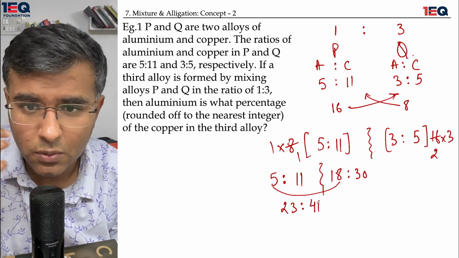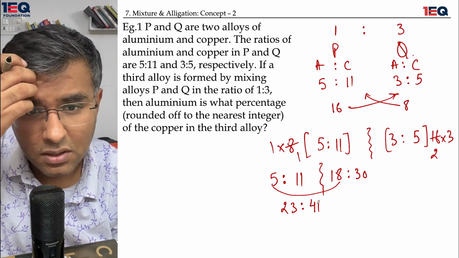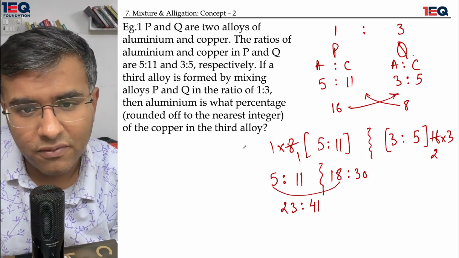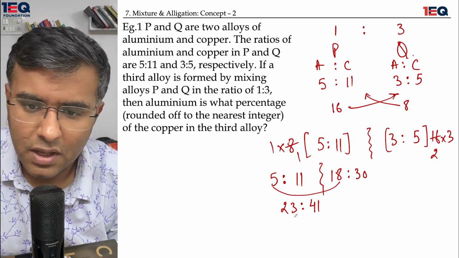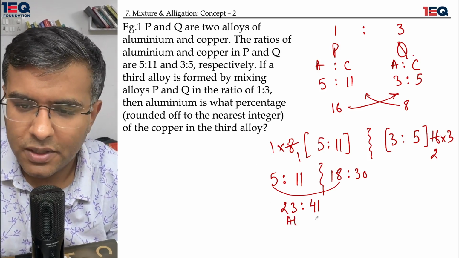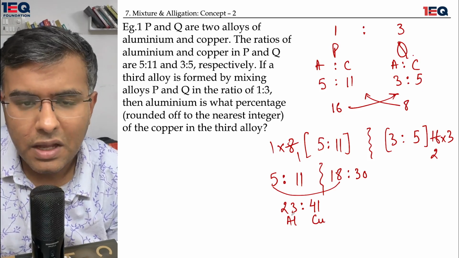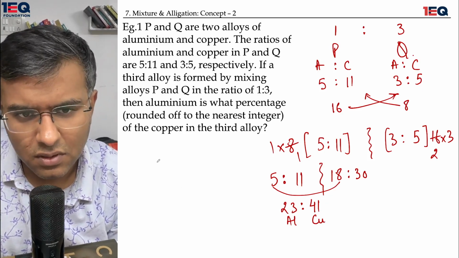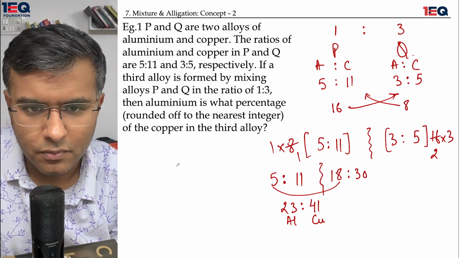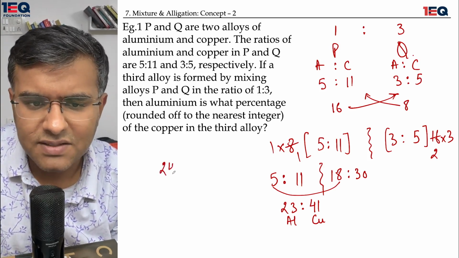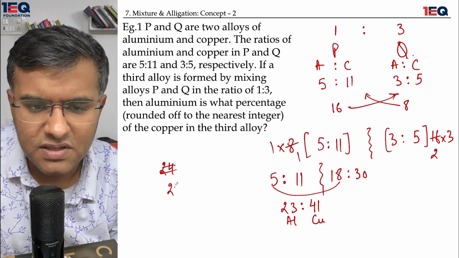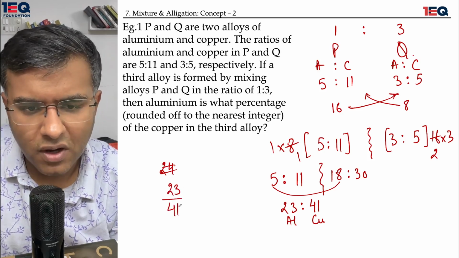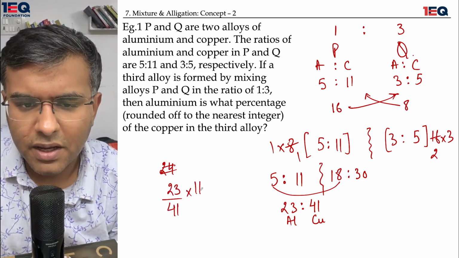So what then, aluminium is what percentage of copper in the third alloy? This is aluminium and this is copper. It's asking about what percentage of copper is aluminium, right? So it's simply asking me, not 24, this is 23 upon 41 multiplied by 100.